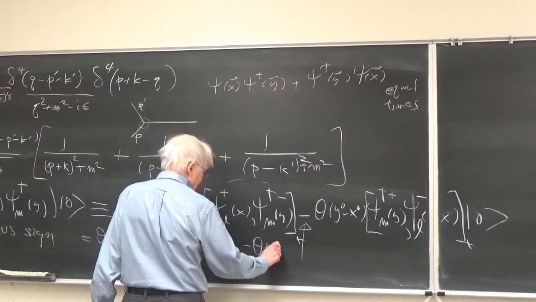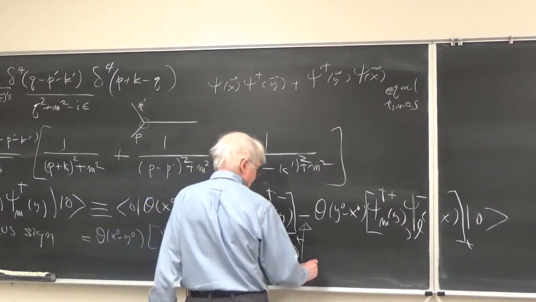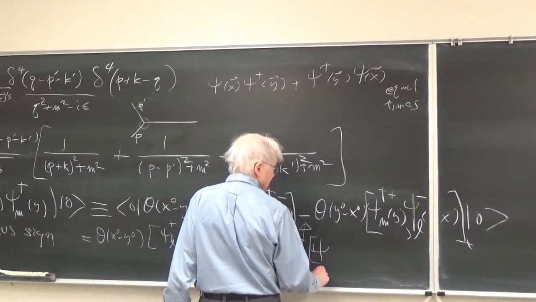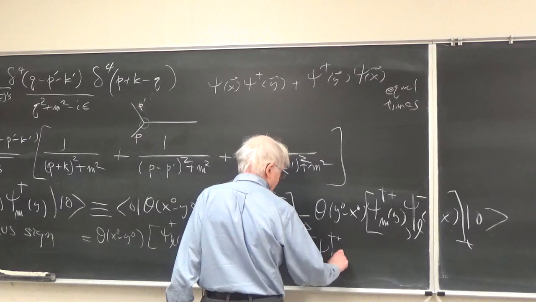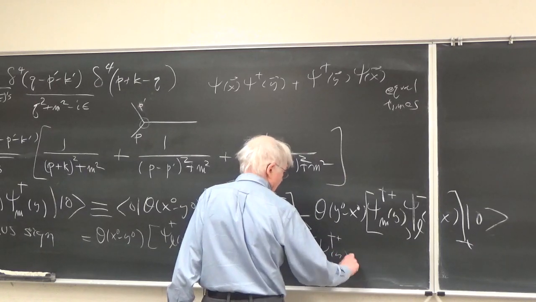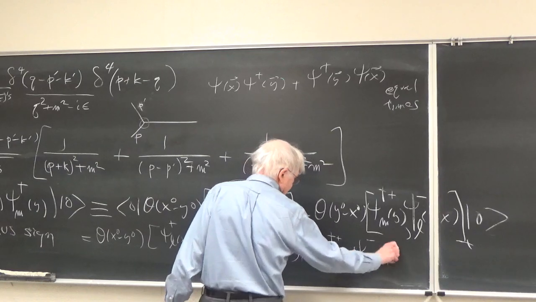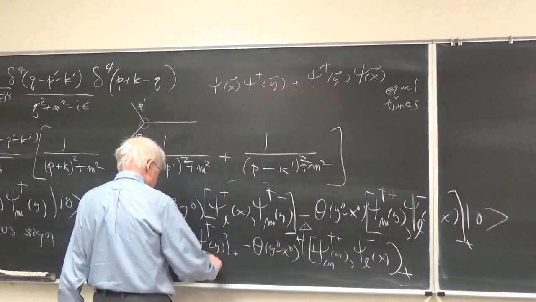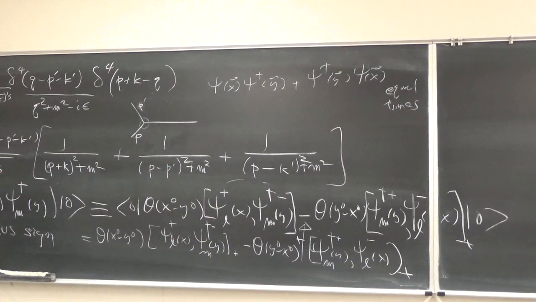Anyway, theta y0 minus x, anti-commutator psi dagger plus of y M, psi minus L x plus. L and M run from 1 to 4. These are the Dirac indices.